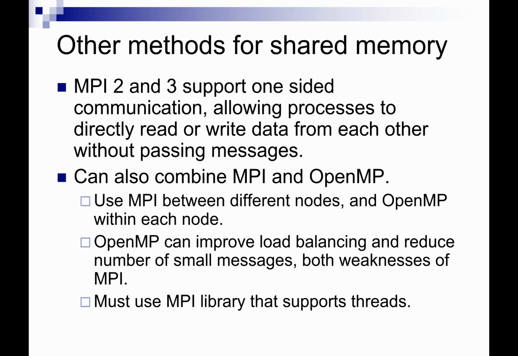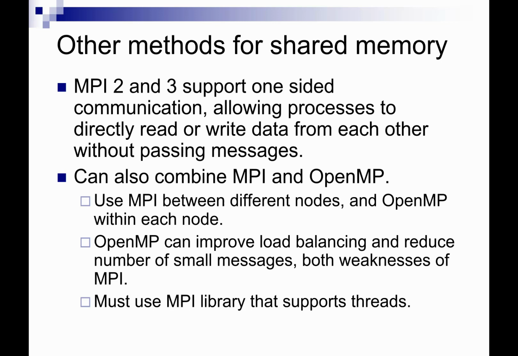Something else is that usually we think of MPI for distributed memory programming and OpenMP for shared memory, but there's no reason that they're exclusive to each other. In fact, in many parallel computers you have nodes of processors which all share a common block of memory. So within each node, it makes sense to run OpenMP.